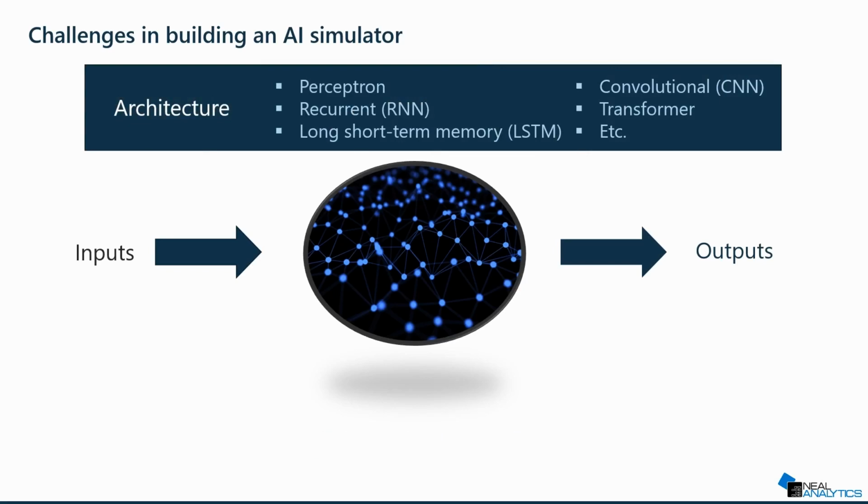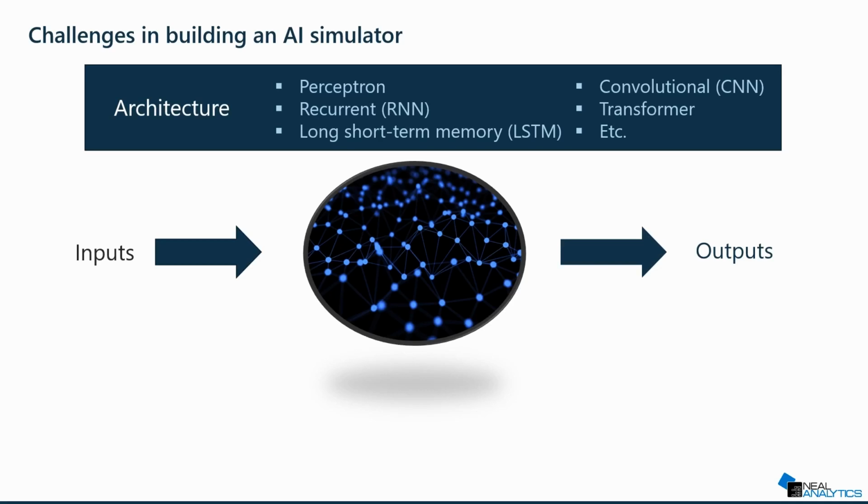The second element is going to be the actual AI architecture that's going to be used for the simulator. I've listed here some of the most popular architectures that exist, but there are many more. And they're often linked with the type of simulation one is trying to build, which also includes the type of inputs and outputs.